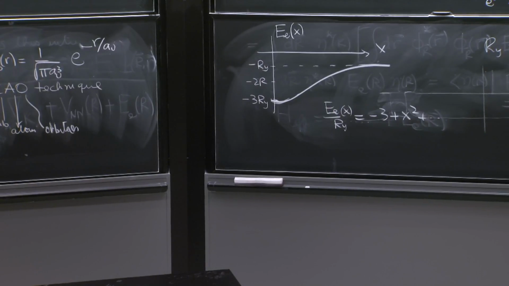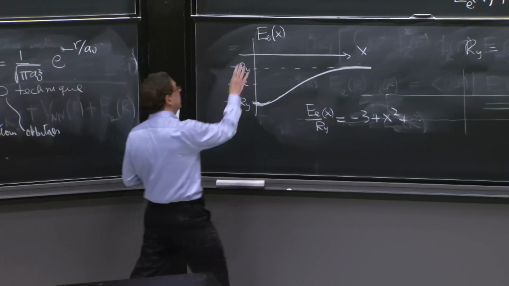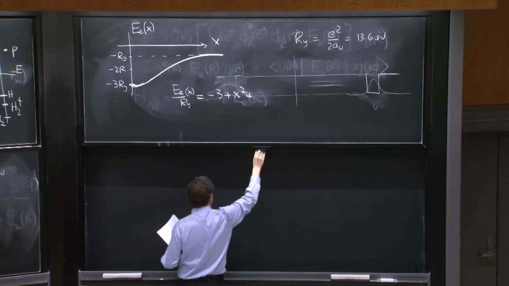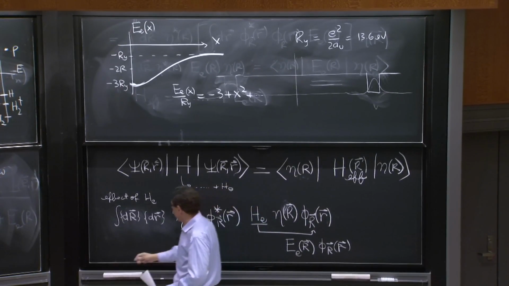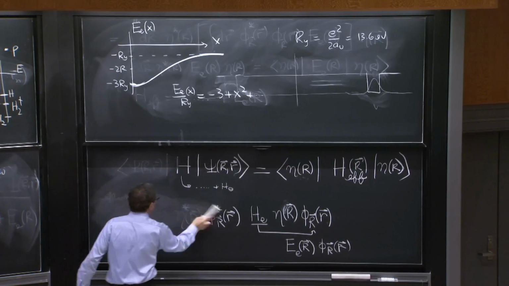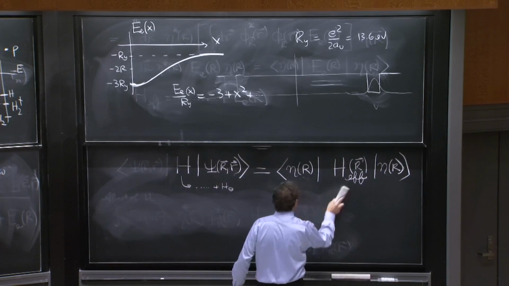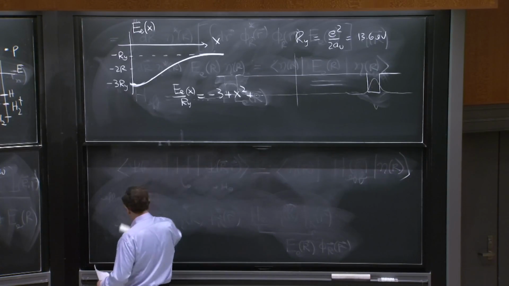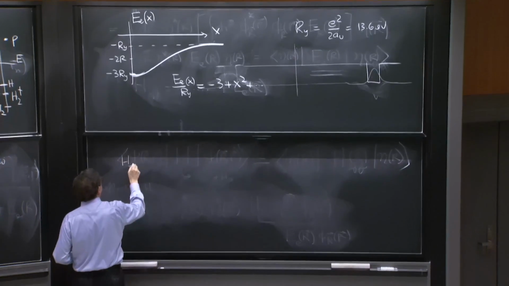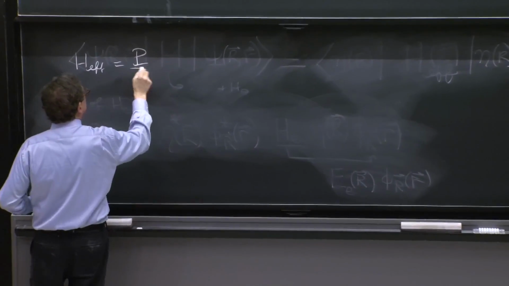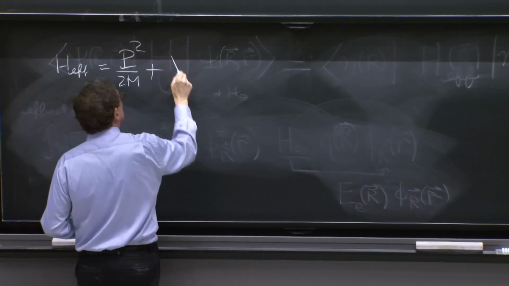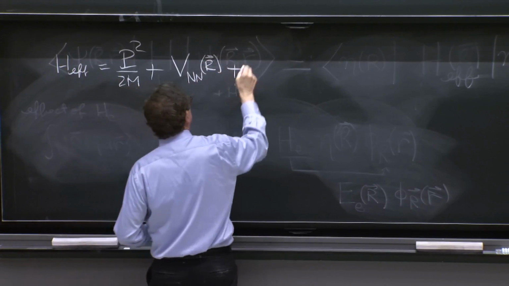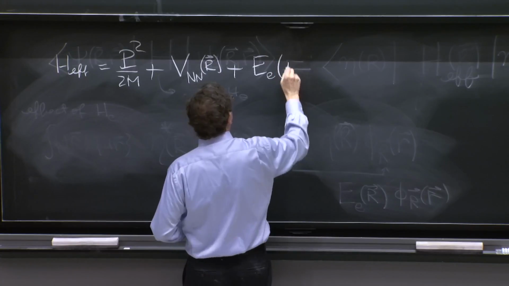Was the idea that then you have dynamics of the nuclei based on... So Born-Oppenheimer tells you that the Hamiltonian for the nuclear degrees of freedom is given by this H effective, which is capital P squared over 2m, plus the nuclear potential, plus this electronic energy.